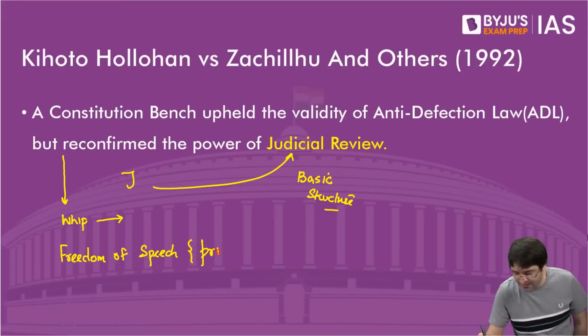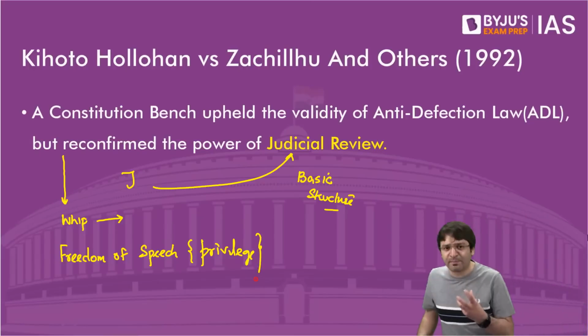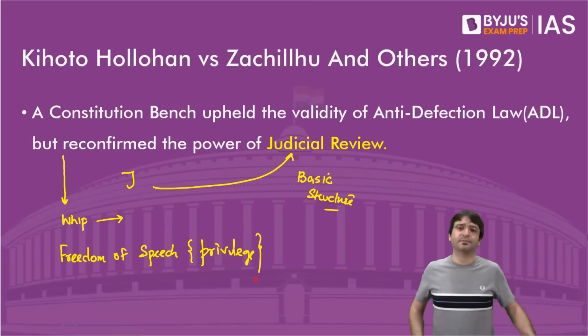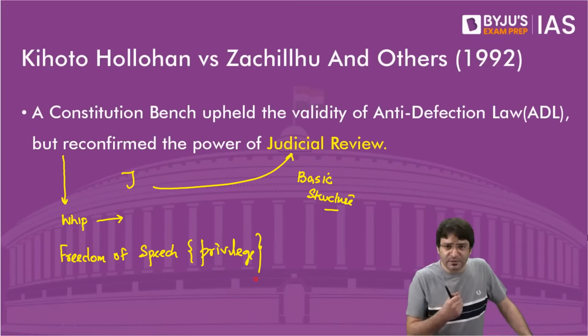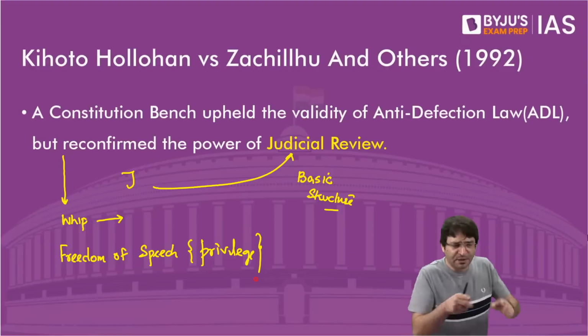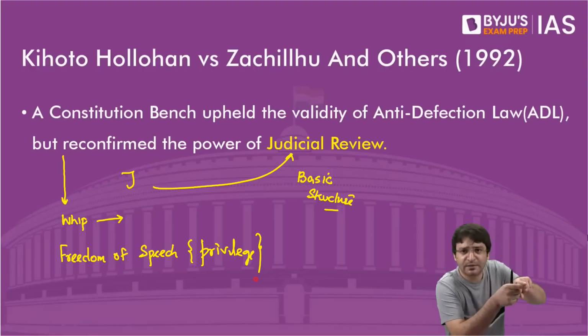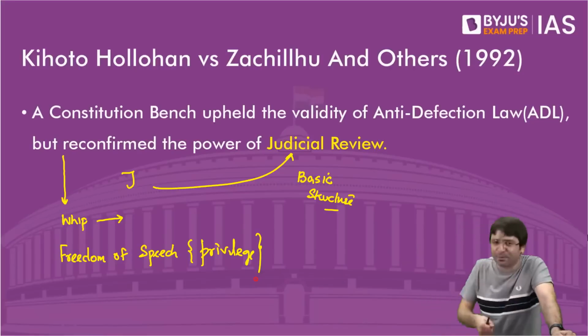It goes against the privilege that is available to parliamentarians as individuals. As individuals, yes, we are given ticket by the political party, but we have to represent our people as well. How can we represent them if we are bound by the whip of the political party?